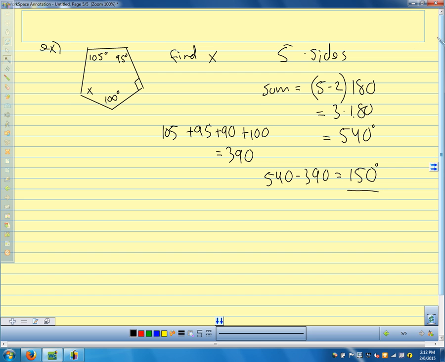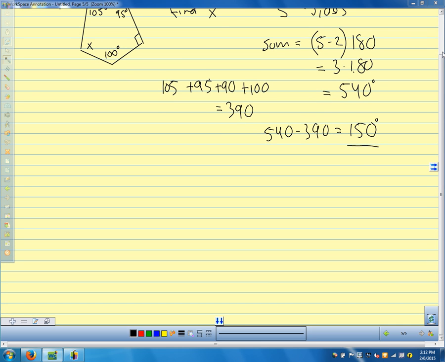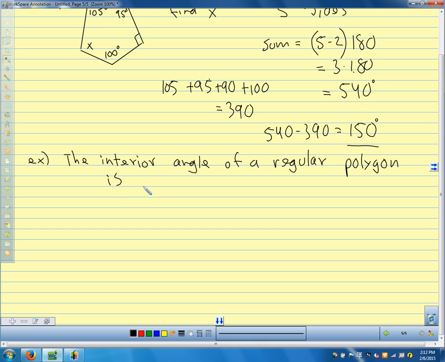All right, this next example is a little trickier. It's kind of backwards, kind of working backwards. So the interior angle of a regular polygon is 108 degrees.